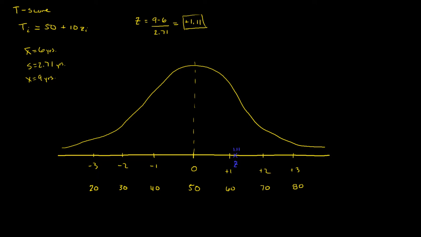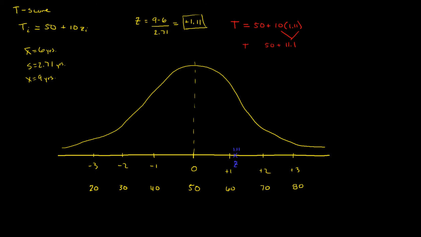Okay, let's convert that to a T-score. My equivalent T would be 50 plus 10 multiplied by a z of 1.11. If you reduce this expression, you'll get 11.1, and you'll get 50 plus this.